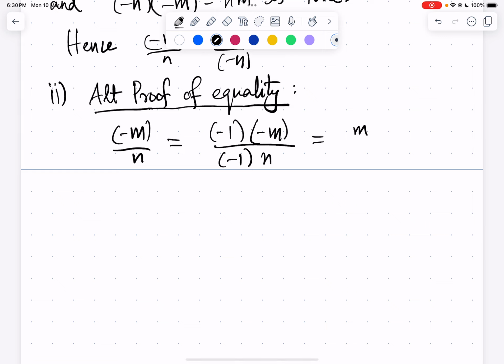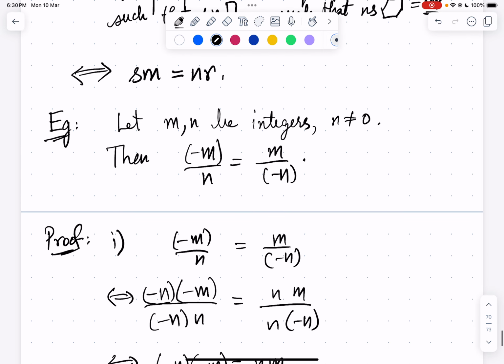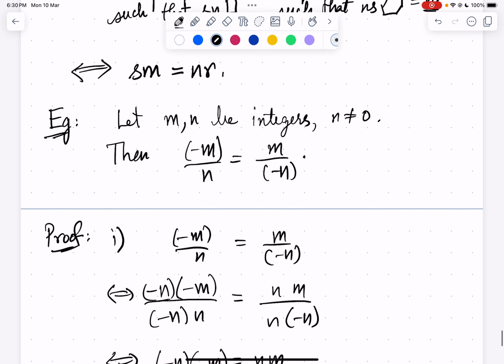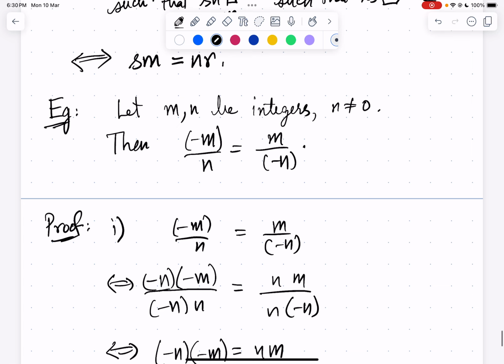So this is m by minus n. Hence minus m by n is m by minus n. So this is one example of equality of two forms of writing a rational number. Both of them represent the same rational number. The symbol minus m by n and the symbol m by minus n represent the same rational number.